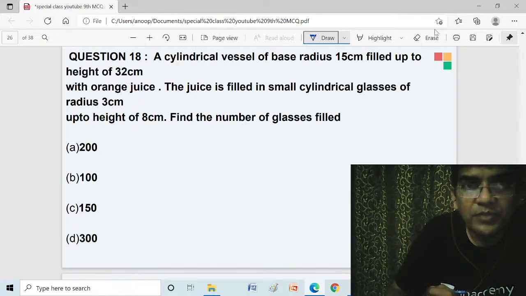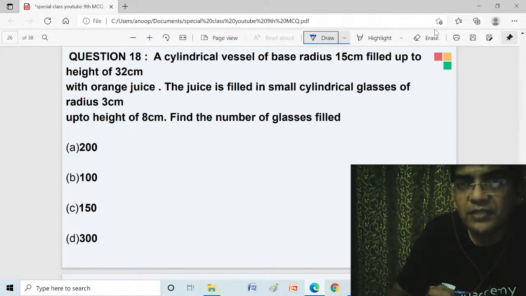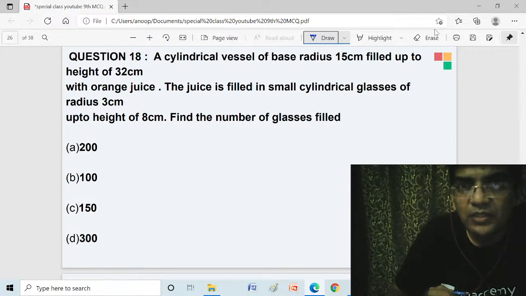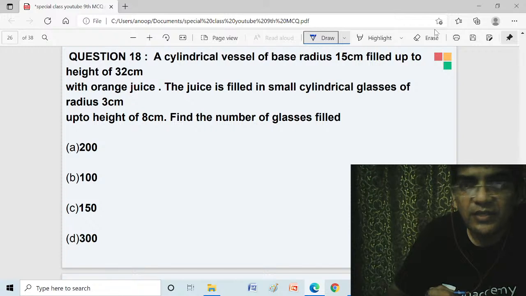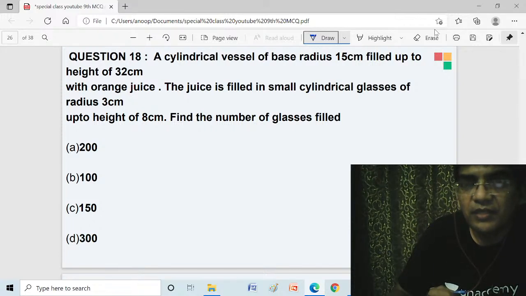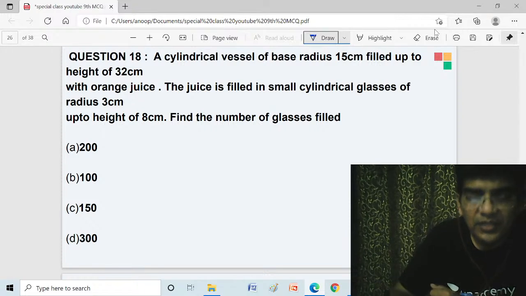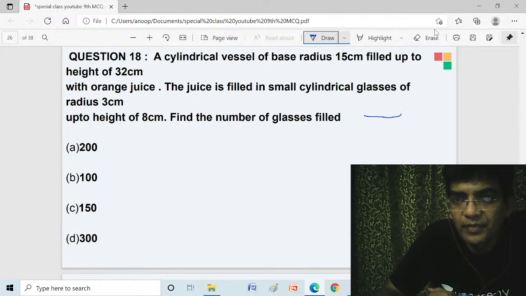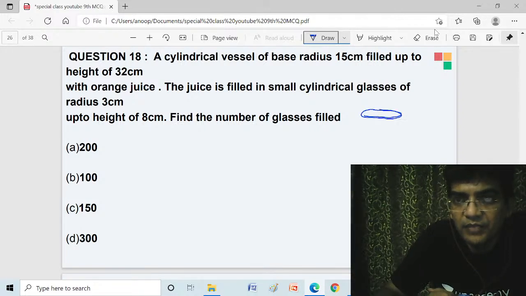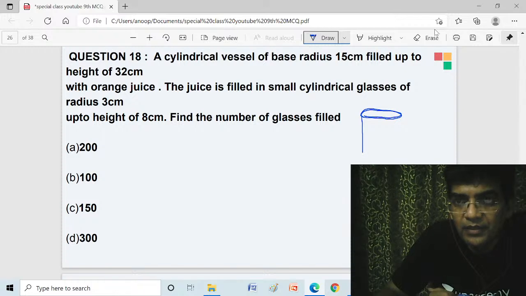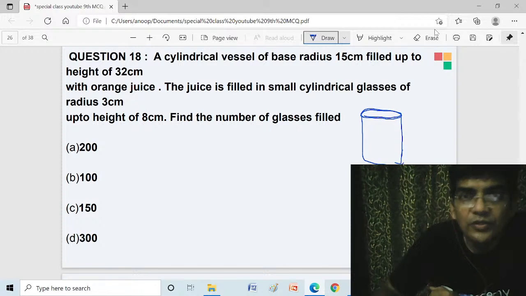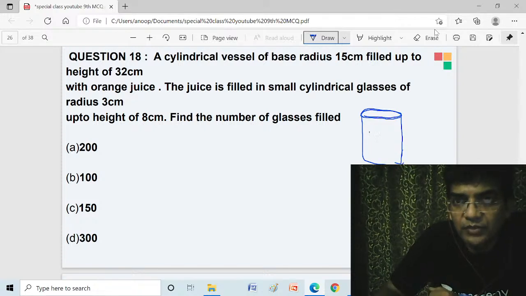Okay, next we have a cylindrical vessel of base radius 15 filled up to a height of 32 centimeter with orange juice. The juice is filled in small cylindrical glasses of radius 3 up to a height of 8. Find the number of glasses filled. Now see how this can be done. I will explain it to you with the help of a diagram. They say there is a cylindrical container and this is filled with juice, right? So the radius and the height are known to us.